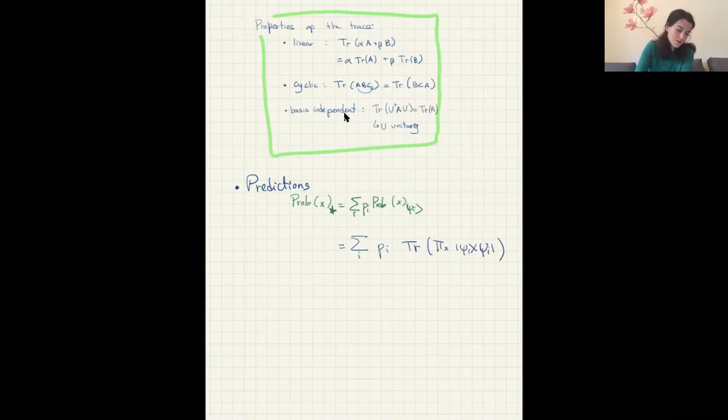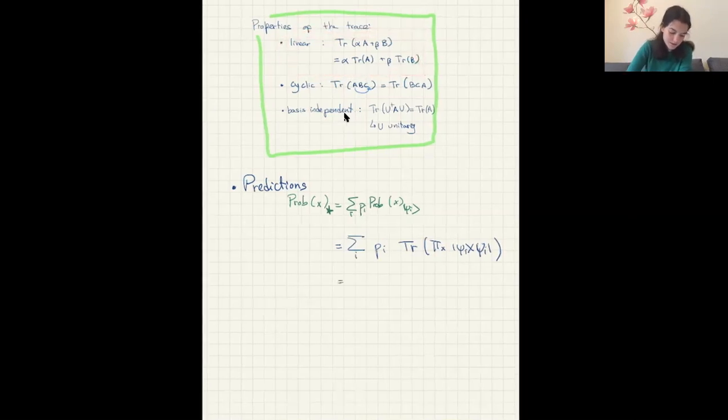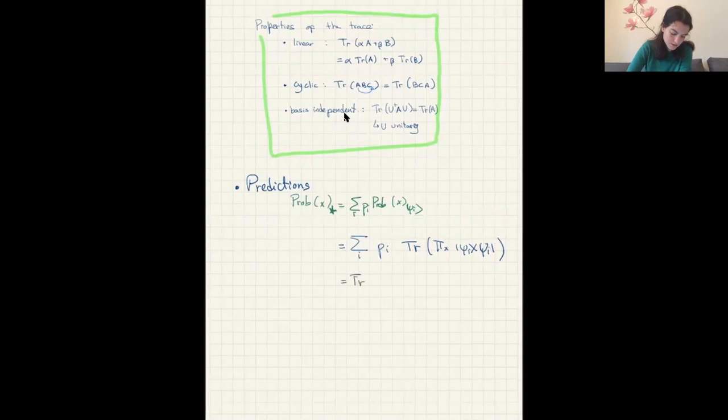Well, but as we saw up here, the trace is linear. So we're going to use this property to simplify this expression. So we get the trace of the sum over I of pi x, psi I, psi I. Okay, and now this projector does not depend on I, so we can take it out of the sum.